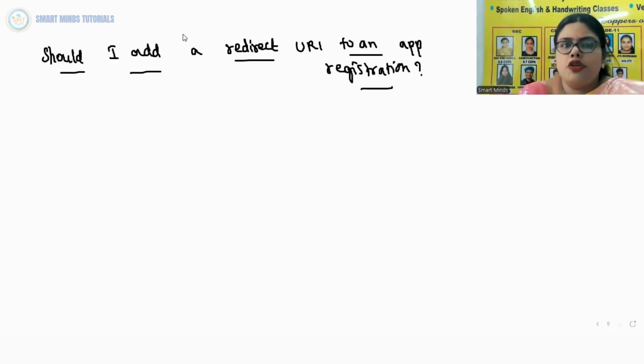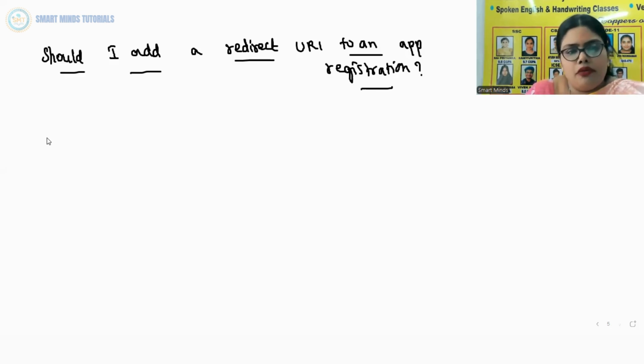Now let us see, should I add a redirect URI to an app registration? Whether you should add a redirect URI to your app registration depends on the authorization protocol your application uses. You must add appropriate redirect URIs to your app registration if your application is using a few authorization protocols.